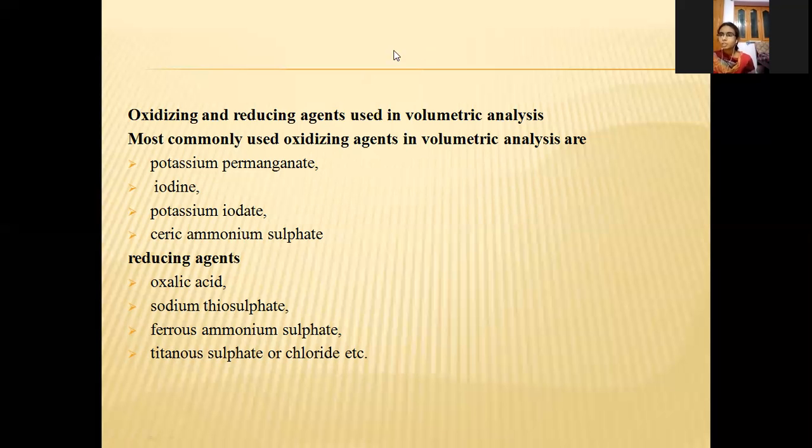First, the oxidizing agents are potassium permanganate, iodine, potassium iodate, and ferric ammonium sulfate.